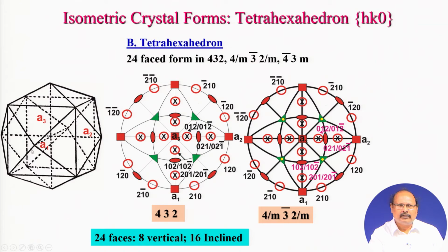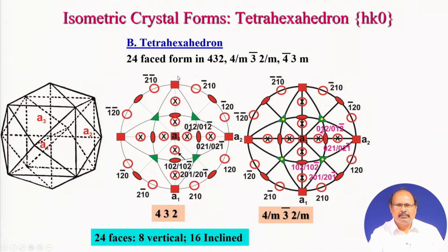This is your A1 axis, this is your A2 axis, and this is your A3 axis. Immediately you can find this is your 100 face in the cube or hexahedron, which has now been divided into 1, 2, 3 and 4 triangular shaped faces. So each hexahedron face consists of 4 faces, and 6 such original cubic faces give rise to 6 into 4, 24 faces.